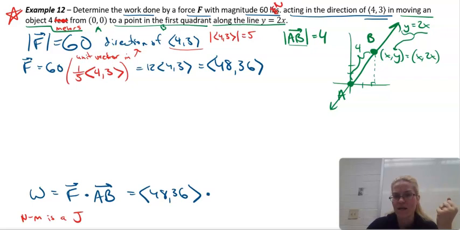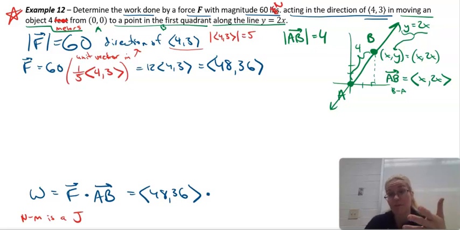So what is AB in vector form, right? That's B minus A in terms of the coordinates. So I've got x minus 0, 2x minus 0. So x minus 0 is x, 2x minus 0 is 2x. Okay, so I know the magnitude of AB is 4, and I know the component form of AB is x comma 2x.